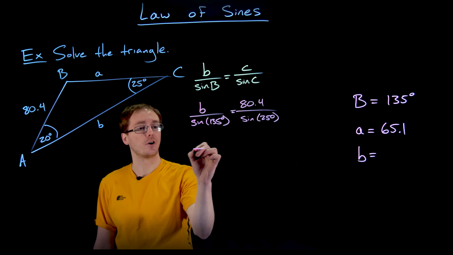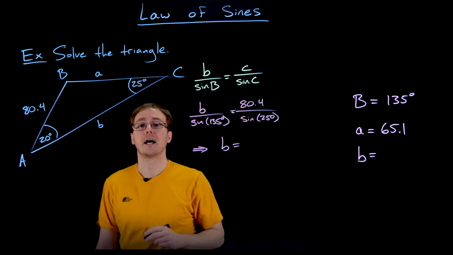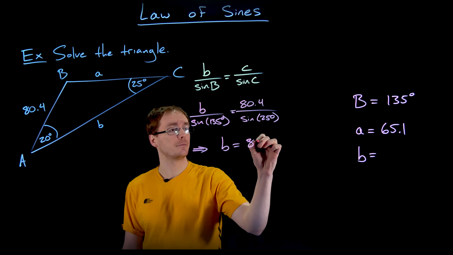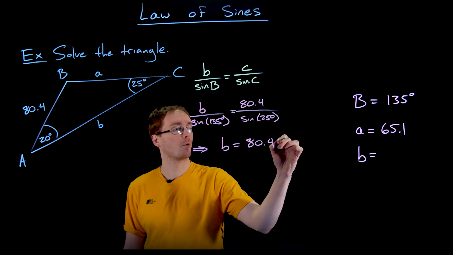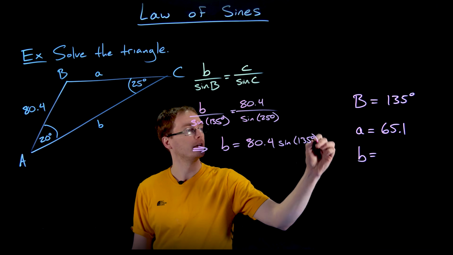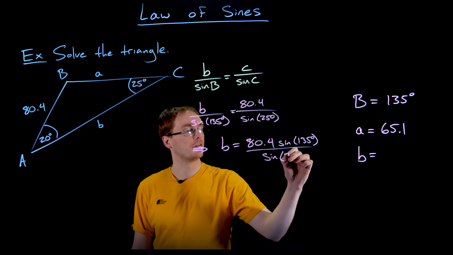Okay, so now we can solve this equation for little b by multiplying both sides by sine of 135 degrees. And we get that little b, or side length b, is equal to 80.4 times sine of 135 degrees divided by sine of 25 degrees.